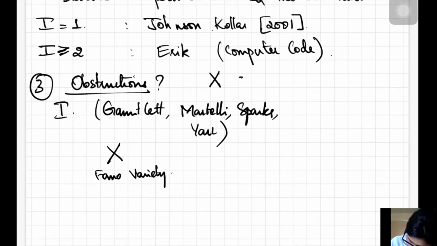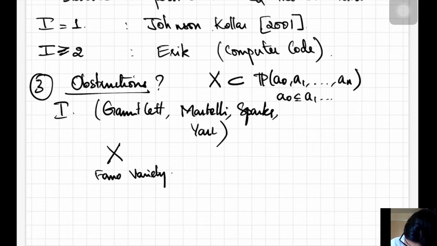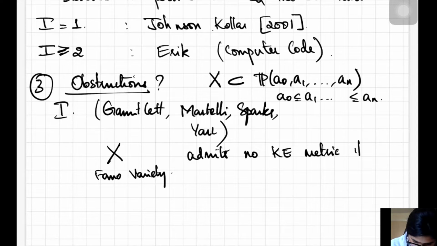so in particular, let's maybe set this up. I'm generalizing and giving you a general obstruction, as long as it's just a hypersurface in weighted projective space. So this is any Fano of this sort, and this is basically telling me that X admits no Kahler-Einstein metric if either one of them is satisfied.